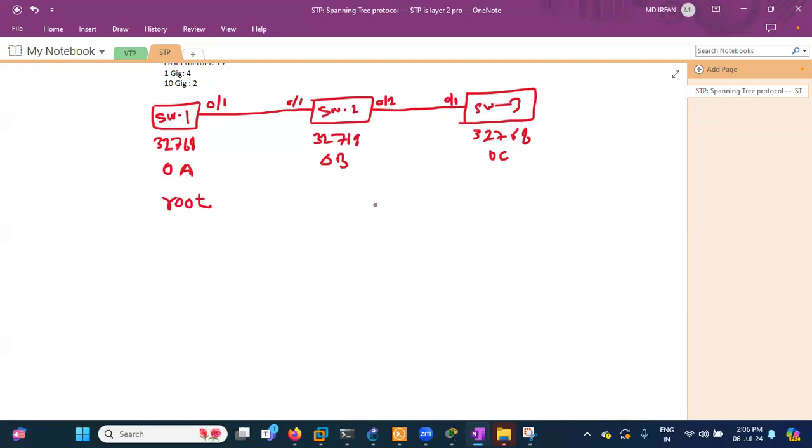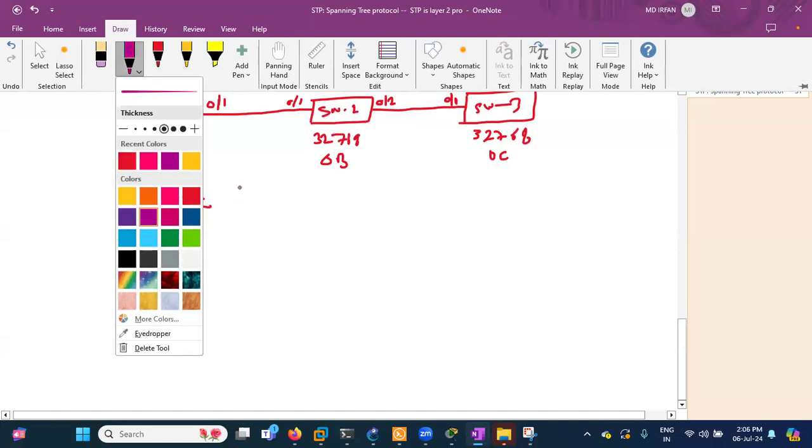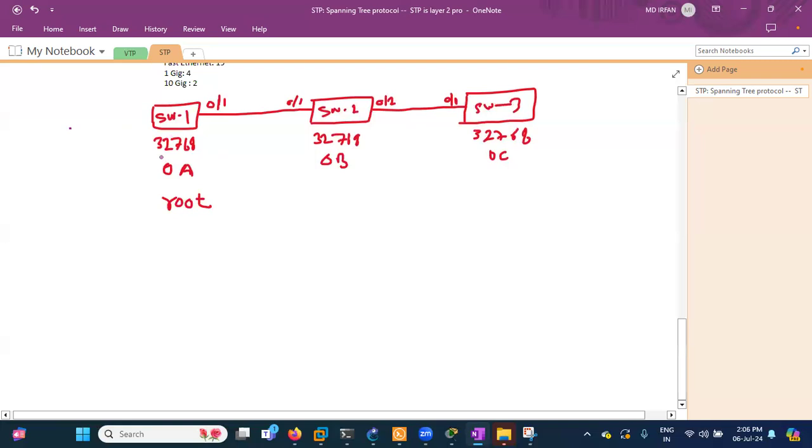So the root switch always sends, once it sends here, it will add 0 cost.